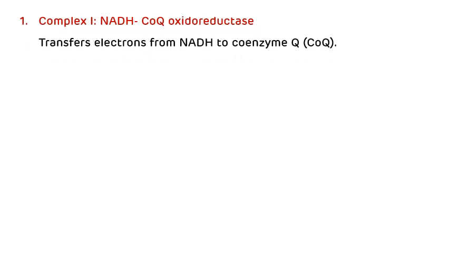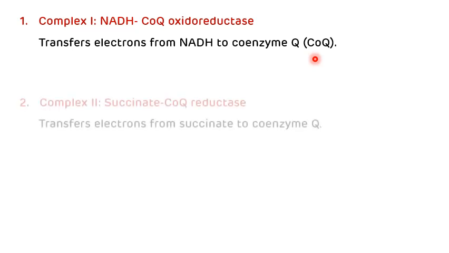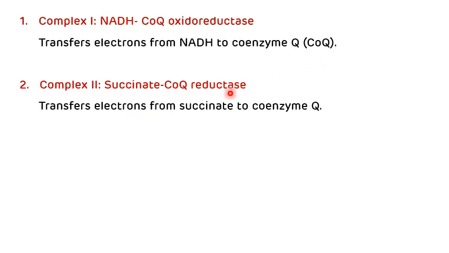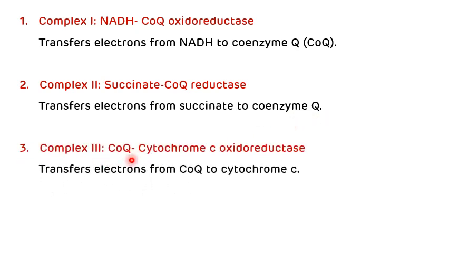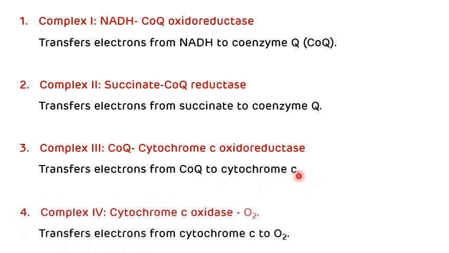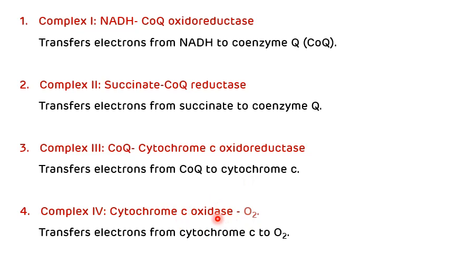The complex 1 is known as NADH coenzyme Q oxidoreductase, and the transfer of electrons occurs from NADH to coenzyme Q. Complex 2 is known as succinate coenzyme Q reductase, and the transfer of electrons occurs from succinate to coenzyme Q. Complex 3 is coenzyme Q to cytochrome C oxidoreductase, and the transfer of electrons occurs from coenzyme Q to cytochrome C. And complex 4 is cytochrome C oxidase, and the flow of electrons occurs from cytochrome C to molecular oxygen, which gets converted to H2O.